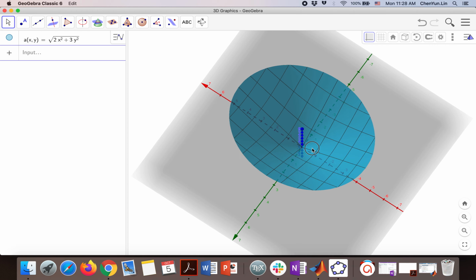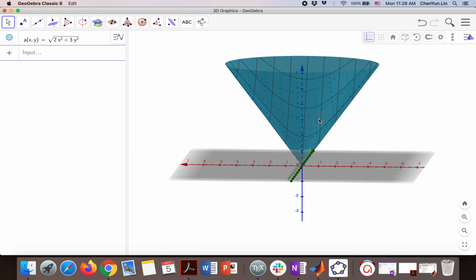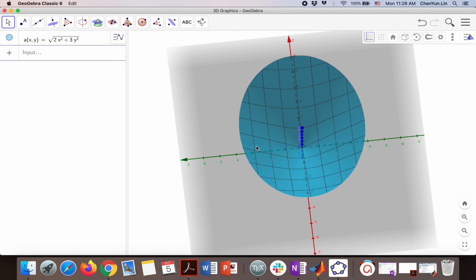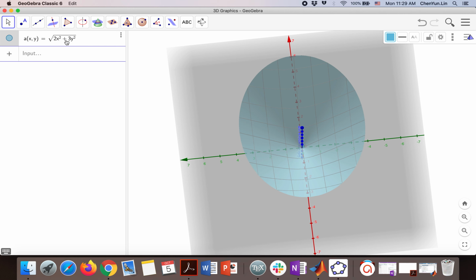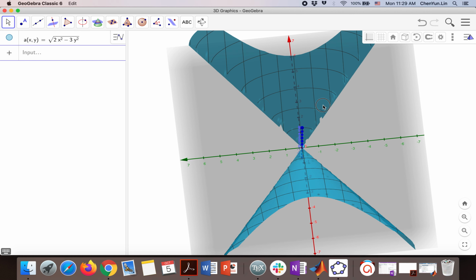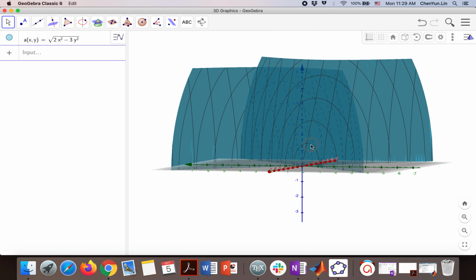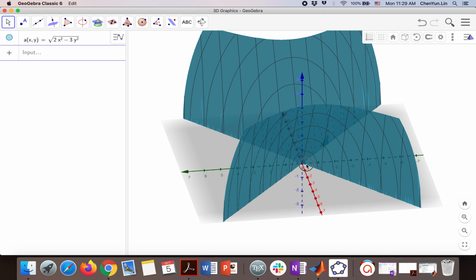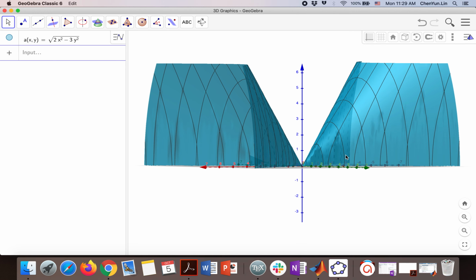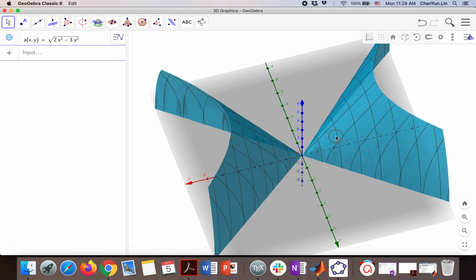Oh, this is what I have. You see, it's still a cone, but if you look at the cross section, this is more of an ellipse as opposed to a perfect disc or circle. Depends on how you say it. If I do a minus sign, oh, this is what you see. You take the square root of a hyperboloid.